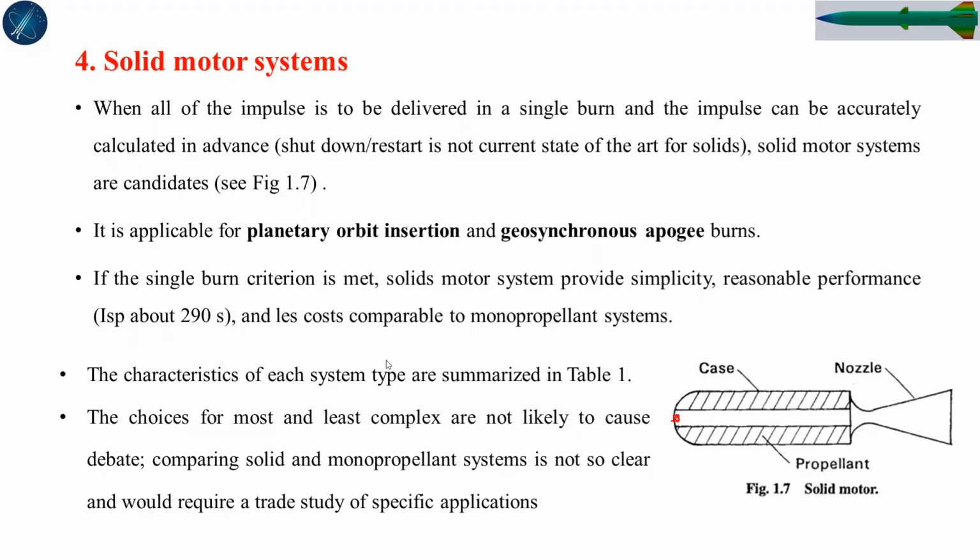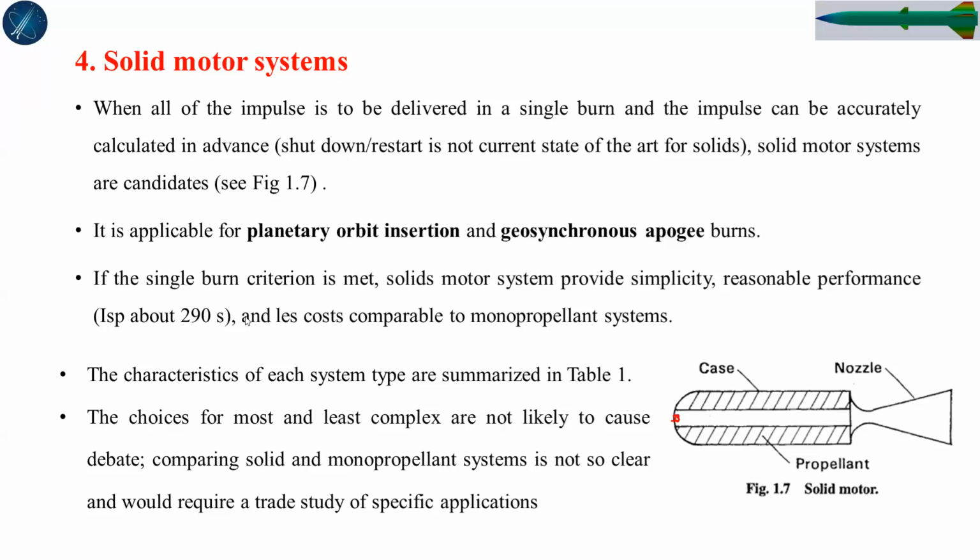So when all the impulse is to be delivered in a single burn, and the impulse can be accurately calculated in advance, solid motor systems are a candidate for such a system. Okay, so it is applicable for planetary orbit insertion and geosynchronous apogee burns. We use solid propellant systems for such applications, and the specific impulse is about 290 seconds.